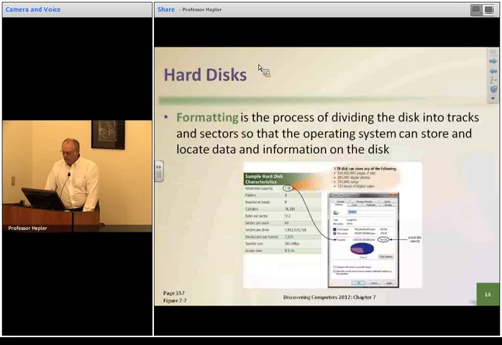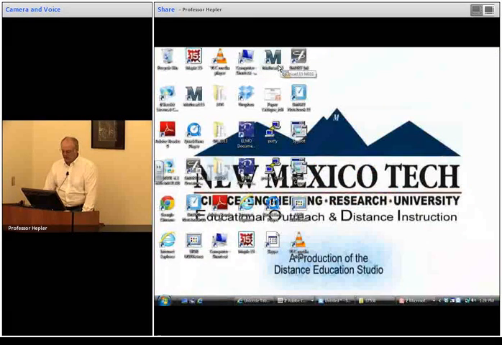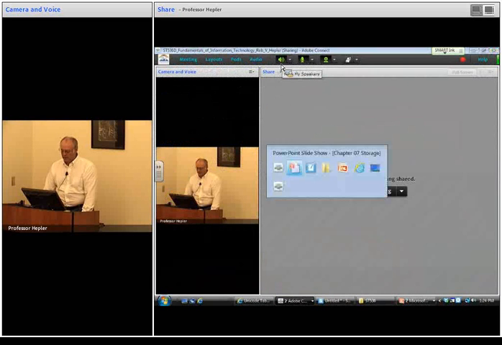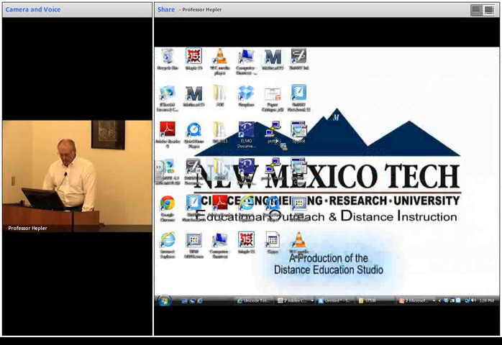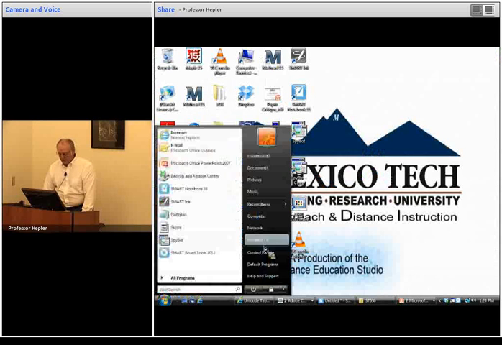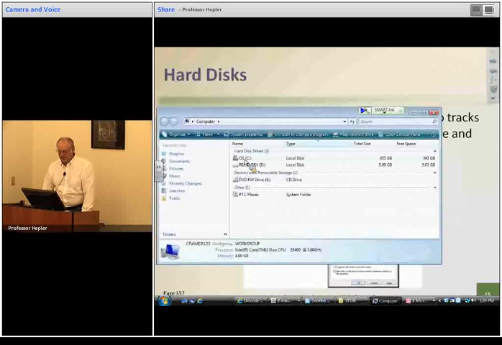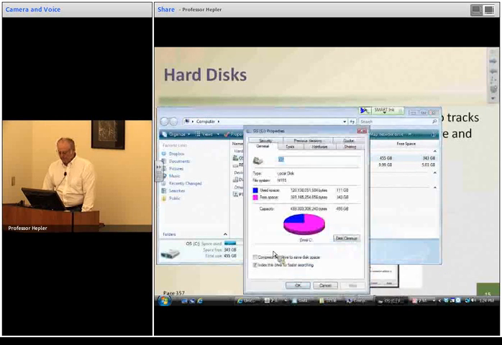Your disk normally for most of us comes formatted. But let me just show you this real quick. If I go look at my computer, right-click on the C drive, go down to Properties, there's that picture.